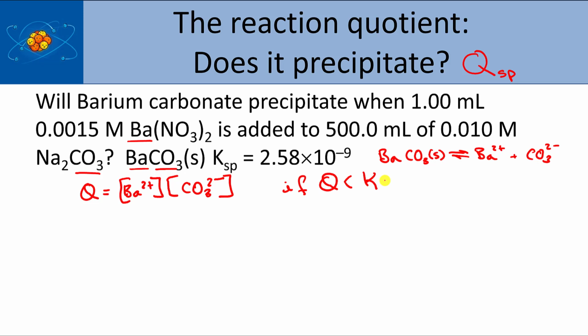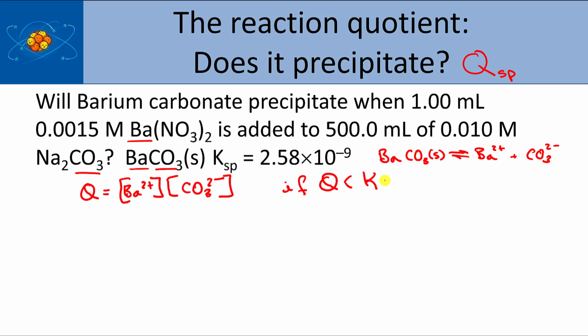Now you have to understand though, the way this question is phrased, if you put these two ions together, it implies that there's no solid present. So when you mix them together, they'll just stay in solution if Q is less than K. If Q is equal to K, you also see nothing. It'll stay in equilibrium, but technically there won't be any solid.